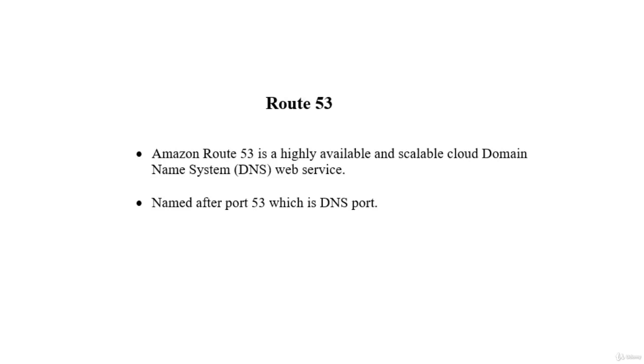So when a user types the DNS name in the browser, they will be able to reach your IP address. So this is the function of DNS. I will not go deep into DNS functions because it should be known by an infrastructure engineer. So let's move on to the usage of Route 53 in Amazon.